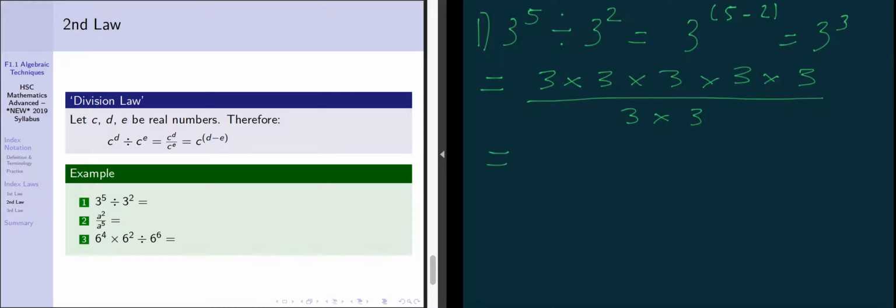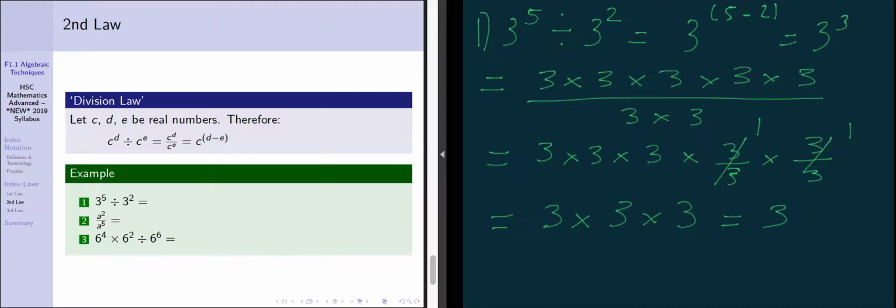If you don't see this directly, you could split this fraction up into 3 times 3 times 3, multiplied by 3 on 3, and multiplied by 3 on 3. And so 3 on 3 is just 1, so this is 1, and so is this one. So you're just left with 3 times 3 times 3, which of course is 3 raised to the 3rd power.